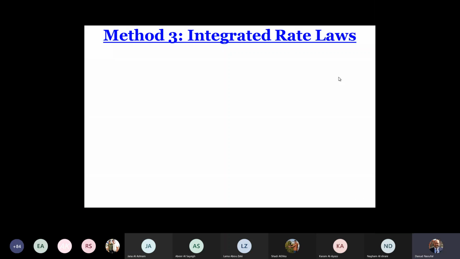Method number 3. To remember, method number 1 is the log plot: we draw ln R as a function of ln concentration.